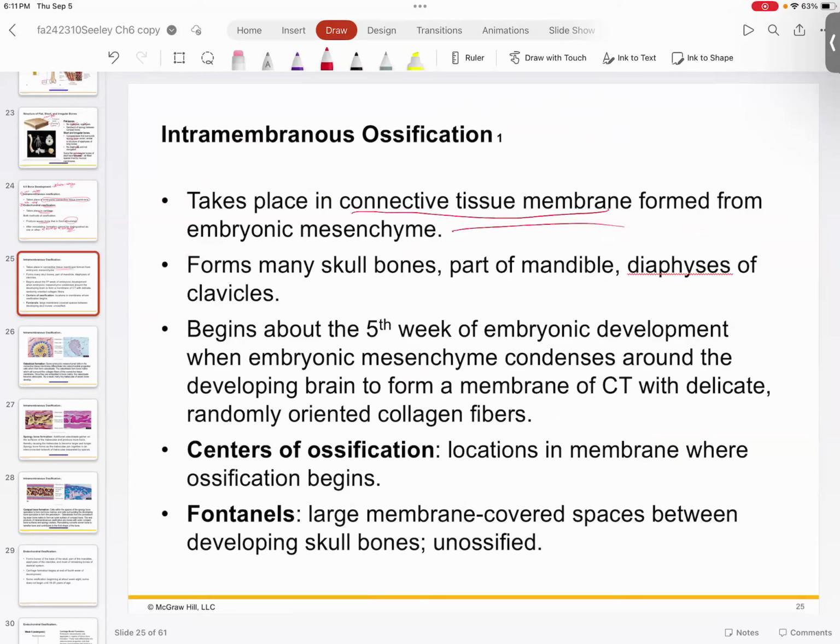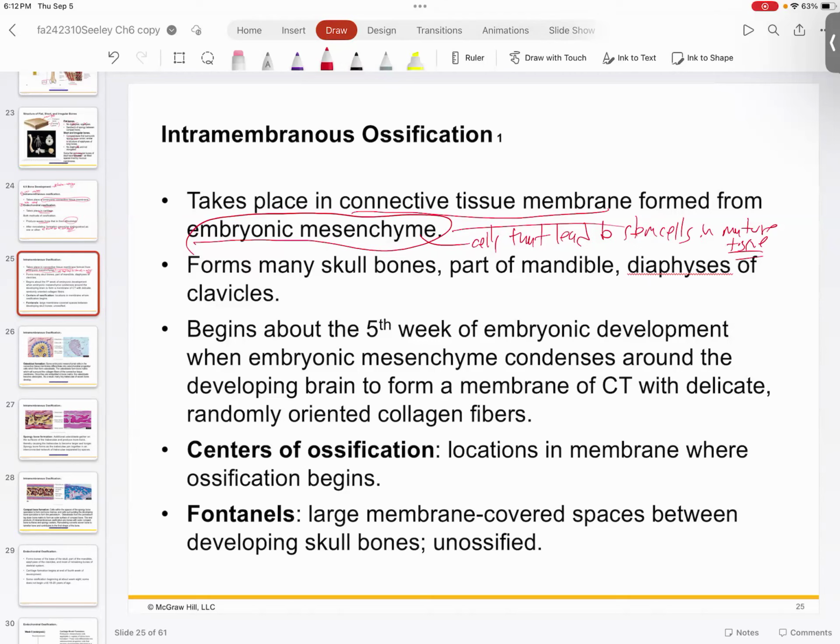And generally speaking, it's formed from embryonic mesenchyme. Remember, mesenchyme is those cells that basically lead to the stem cells in mature tissues. So they're an embryonic type of cell that will become essentially those progenitor cells that we've been talking about.